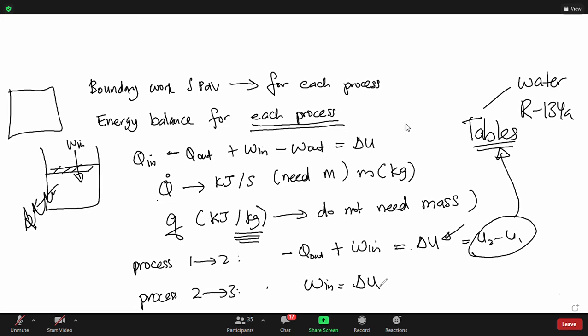And how do you evaluate this work in? This is where you go back to the boundary work.